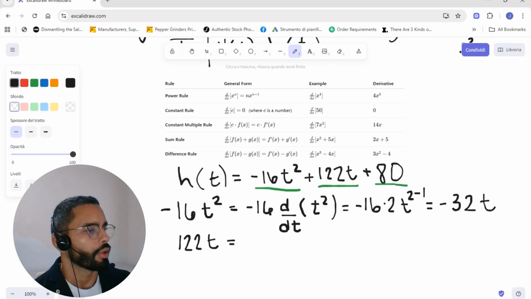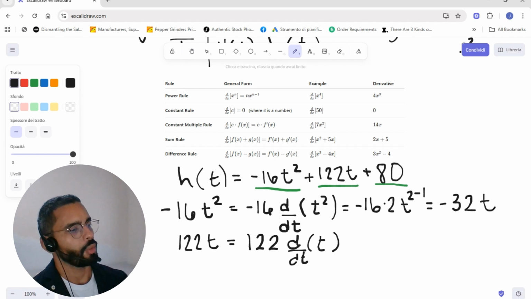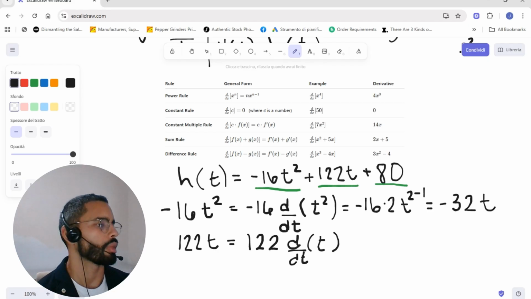A similar, yeah, we can do a similar thing. We're taking the constant number out of the derivative, and we can take exactly the derivative with respect to t of t. All right. So now with this one, which rule would you apply there?